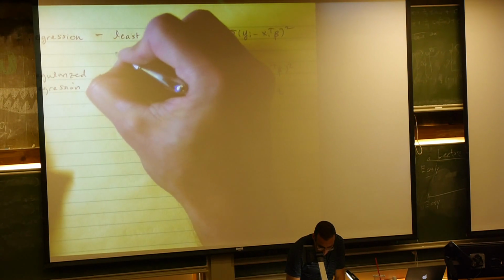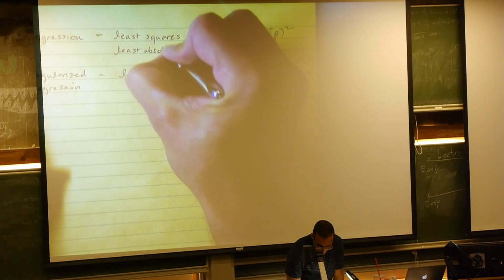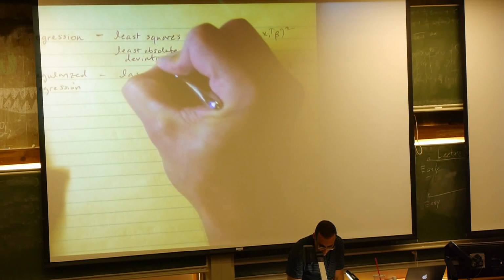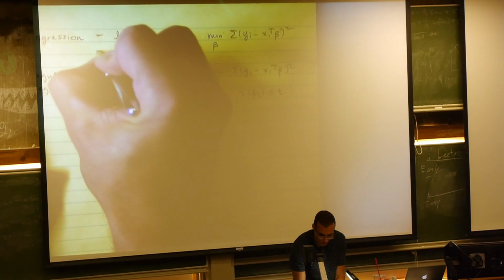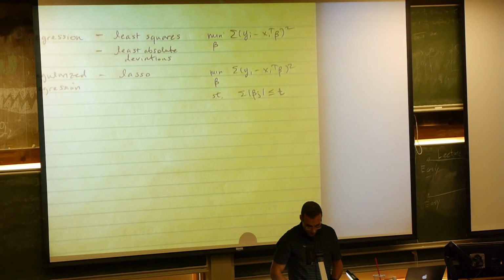So we minimize least squares loss subject to some L1 norm constraint. There's also least absolute deviations, LAD regression. It's another example where we just replace the squares by absolute values.